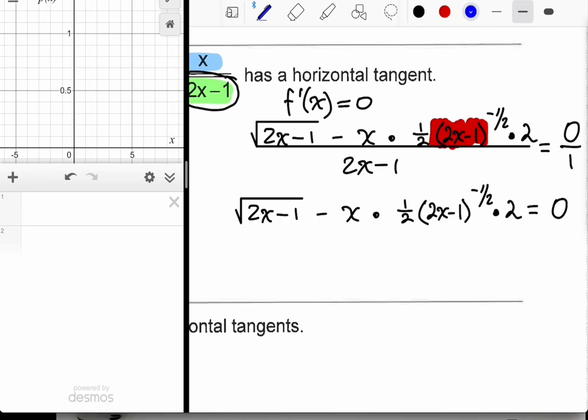All right, but if we're doing it algebraically, the 2's would cancel. That's nice. This could be written as the square root of 2x minus 1 minus x over the square root of 2x minus 1.